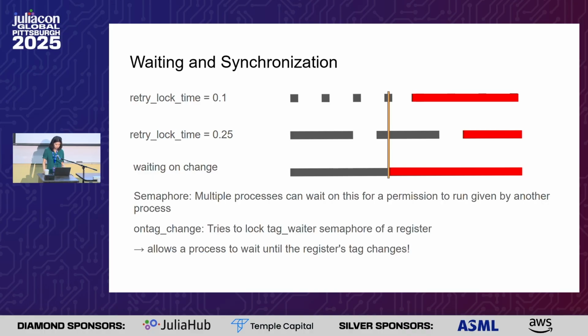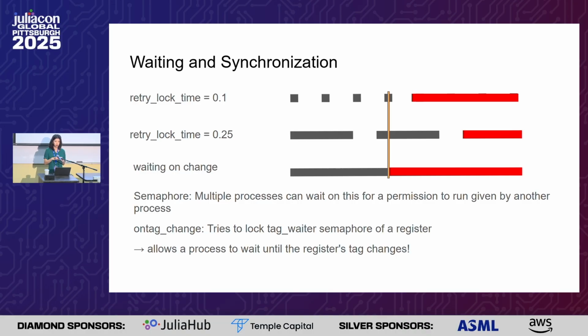So to do so, we implemented a new object called semaphore. This is a custom structure that we built, which multiple processes can wait on simultaneously. I'm not going to go into details about how it works, but it uses the lock feature in concurrency.